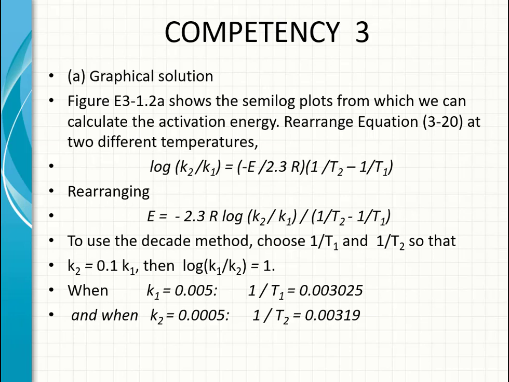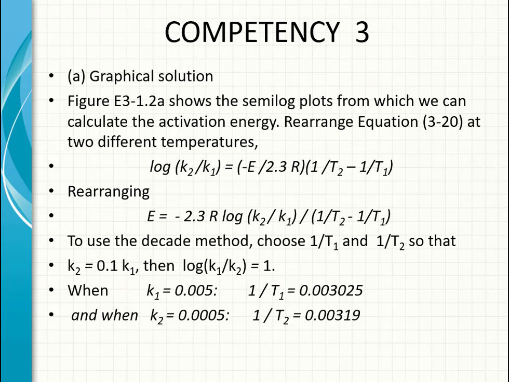Then, when k1 is equal to 0.005, 1 divided by T1 is 0.003025, and when k2 is equal to 0.0005, 1 divided by T2 is equal to 0.00319.